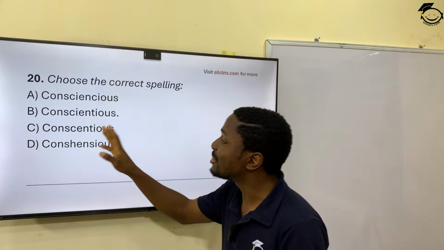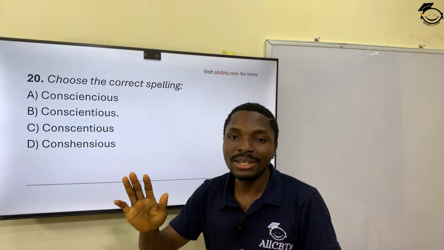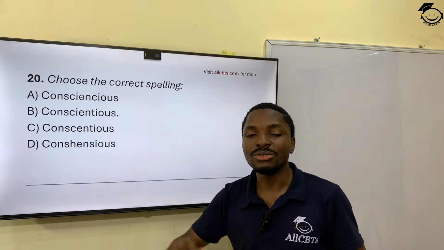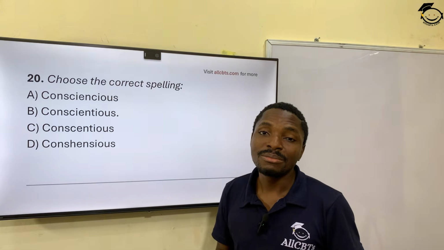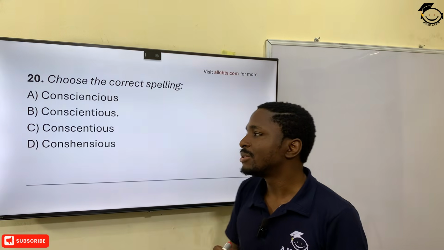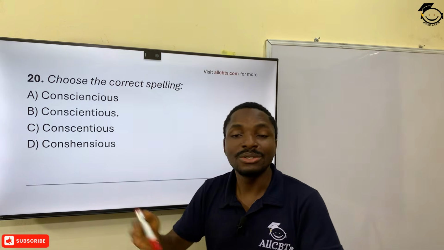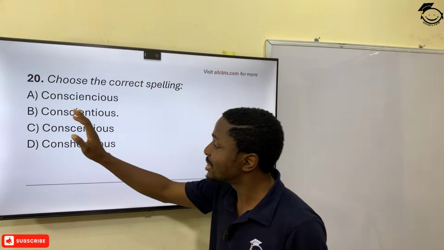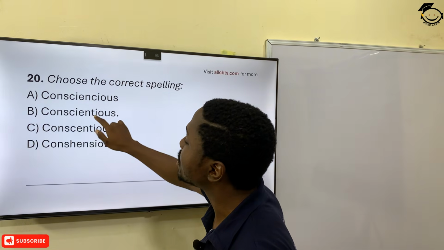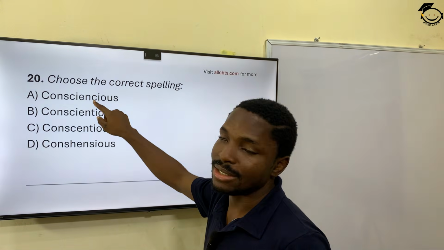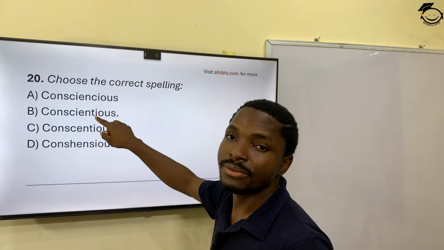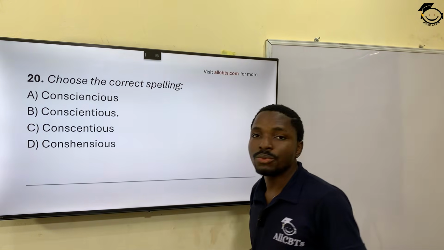So you go and spell conscientious from memory on the back page of your book or on your writing paper. Then you come and use that to pick the correct option. But for the sake of this, conscientious has a T, not a C. Conscientious, right? 21.